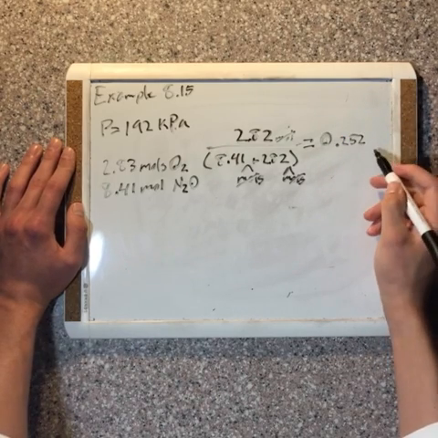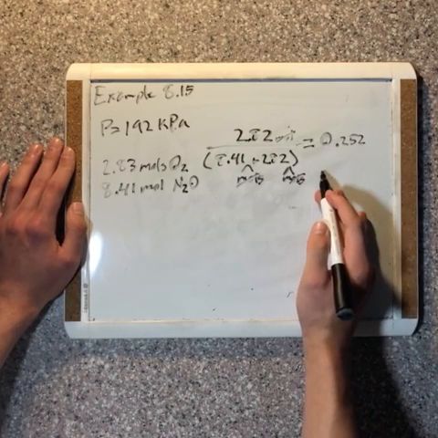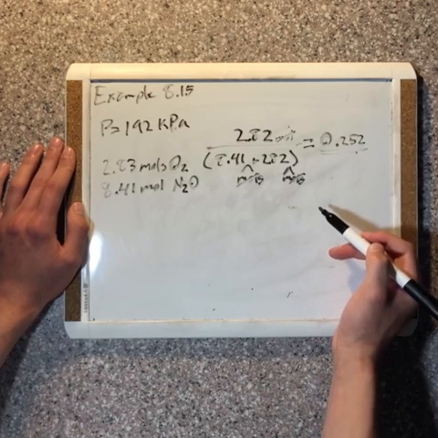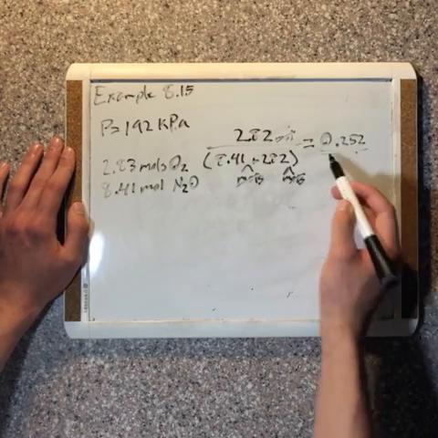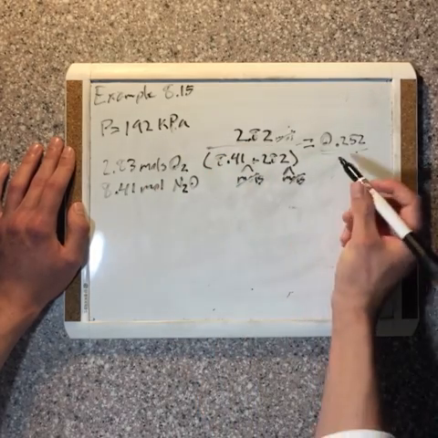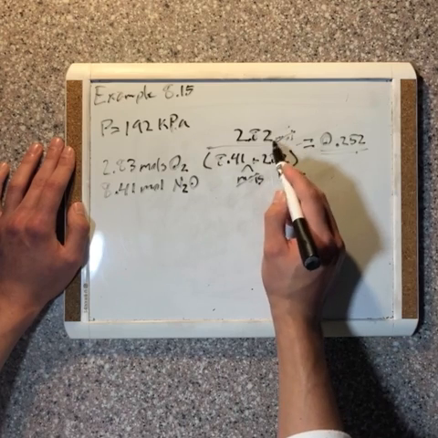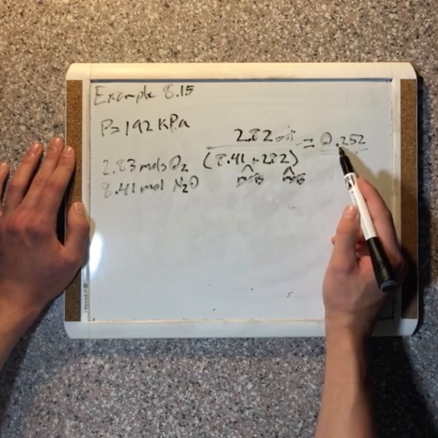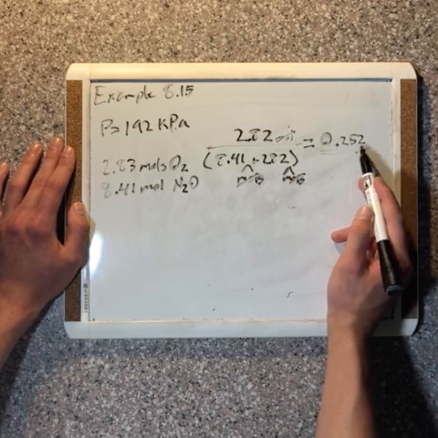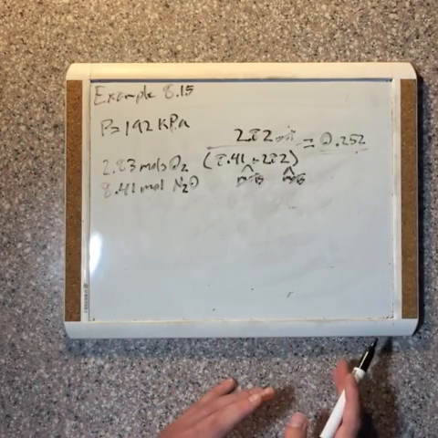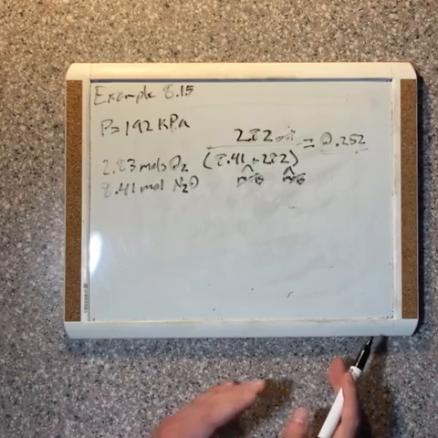All right. Now, all we have to do is multiply this mole fraction by the total pressure, because the number of moles of oxygen is basically 25.2% of the gas. And so it's going to be contributing 25.2% of the total pressure.